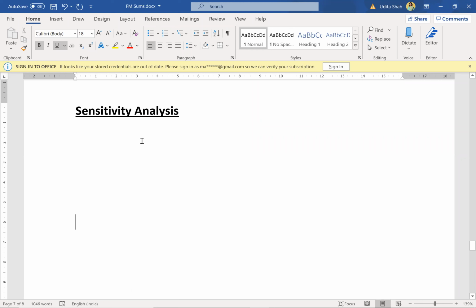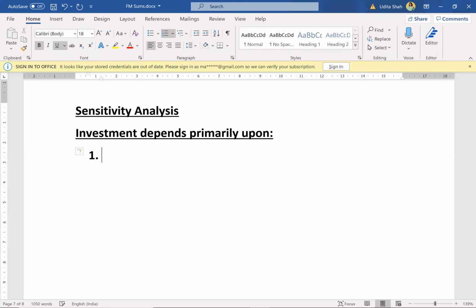Okay, so now see here what they are going to ask in the exams also. In sensitivity analysis, they will say that your investment depends primarily upon the following factors.